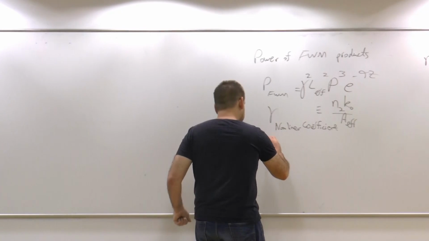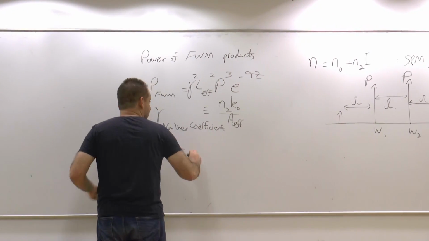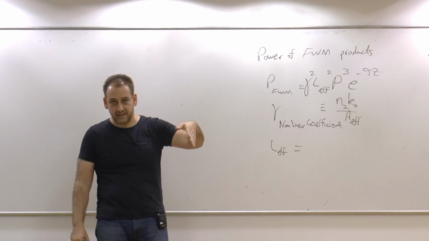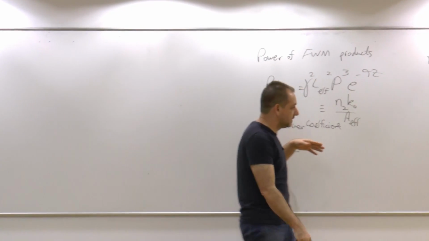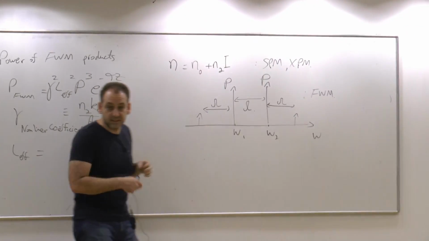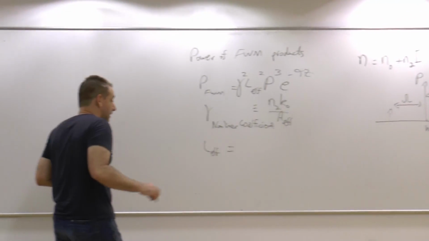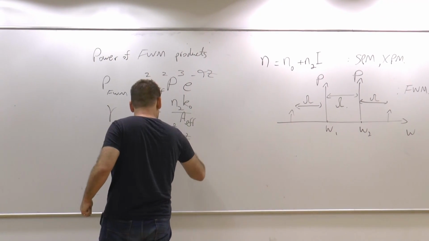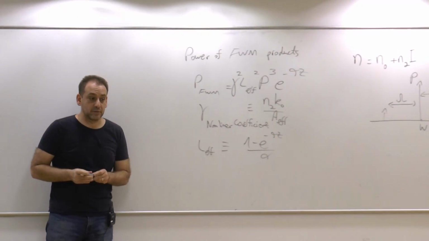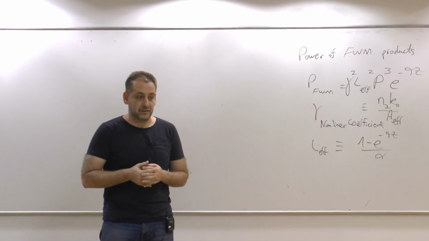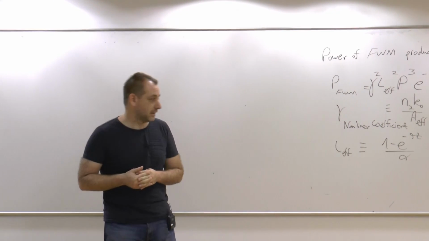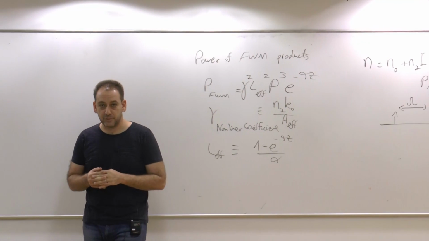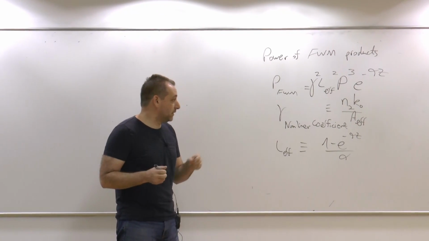And the effective length tells us just how the nonlinear behavior is decaying along the waveguide as our input fields become weaker and weaker. Again, we discussed that at length last time. I'll just remind you it is defined as this expression, and we also saw that for short reaches the effective length is practically the physical length, and for long reaches it approaches asymptotically a value of 1 over alpha. So all that has been said and done.